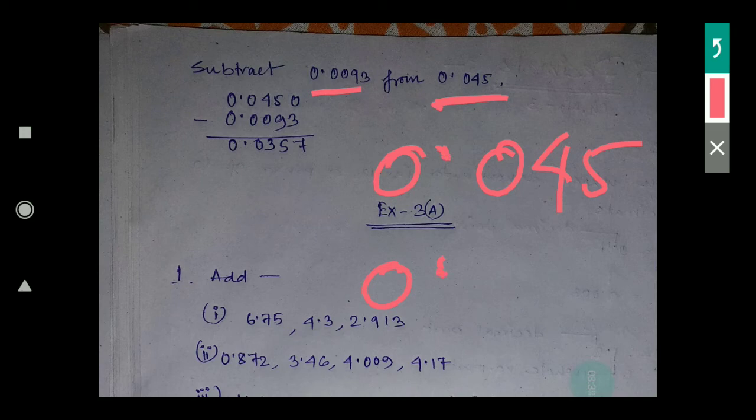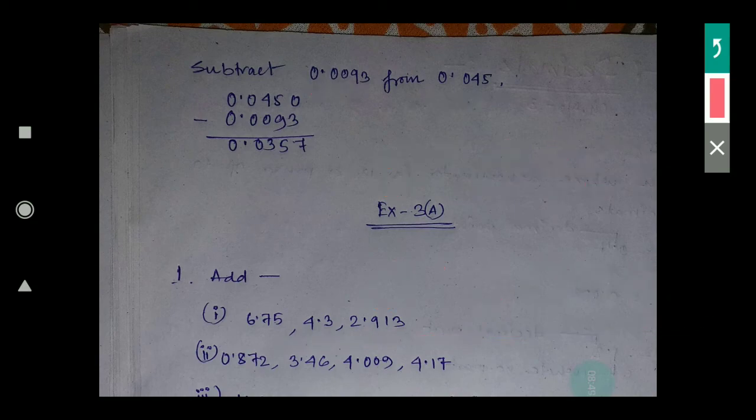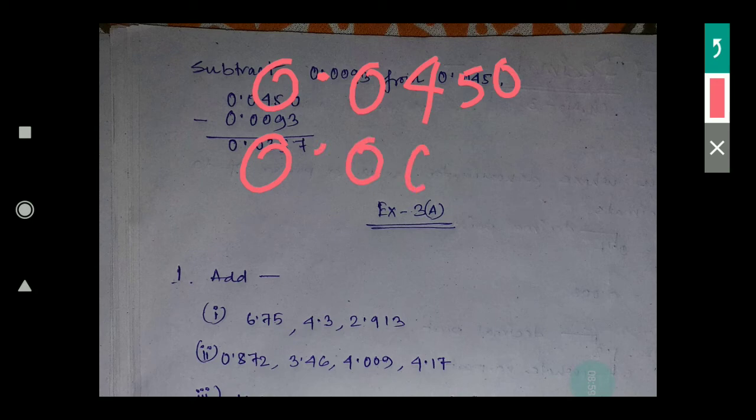After that, 0.0, below 4 it is 0, below 5 it is 9, then again one digit is there, 3. So here you can put 0. So now you subtract. So this one is 0.0450, 0.0093.